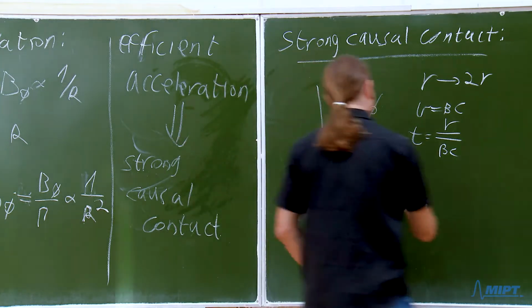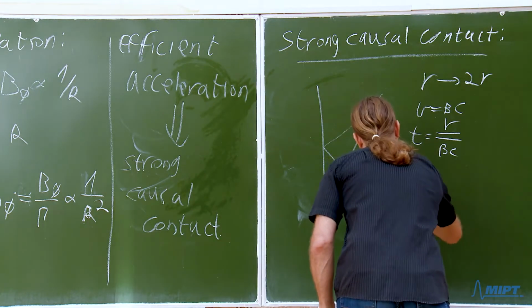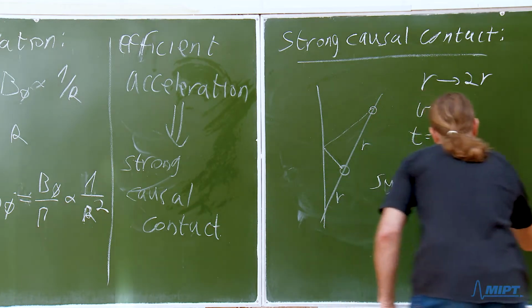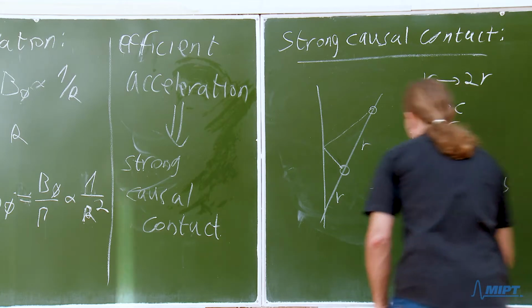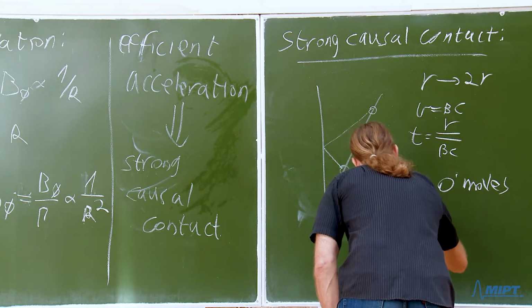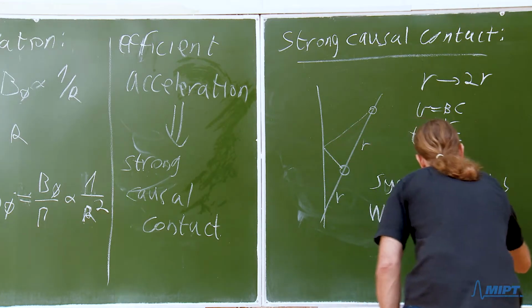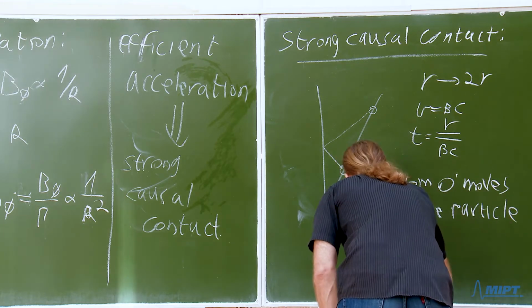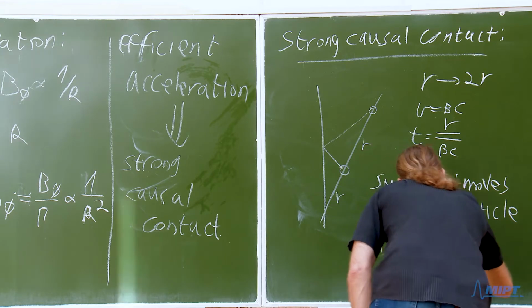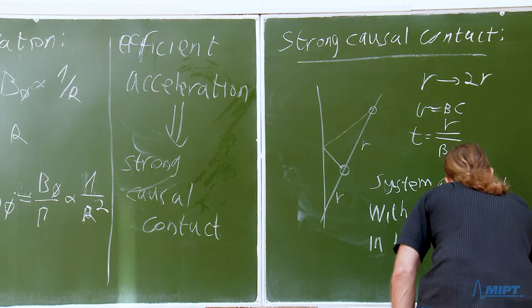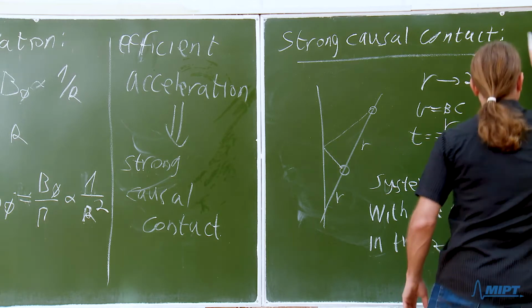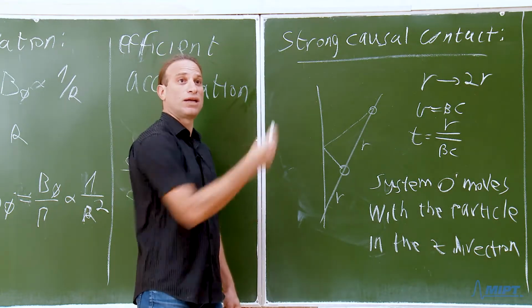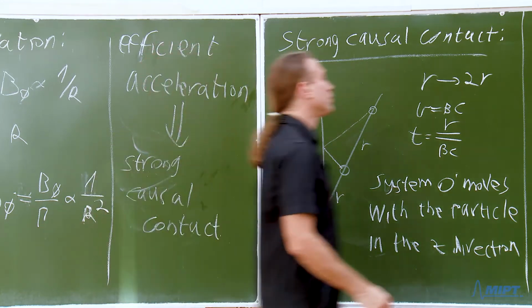So within a system O tag that moves with the particle in the z direction, the particle moves sideways with some velocity.